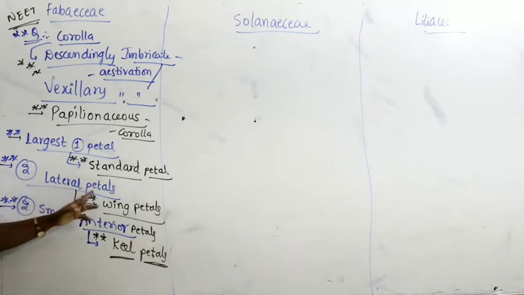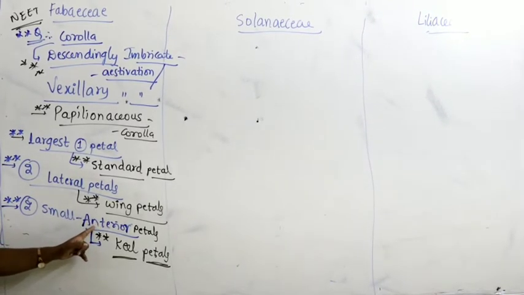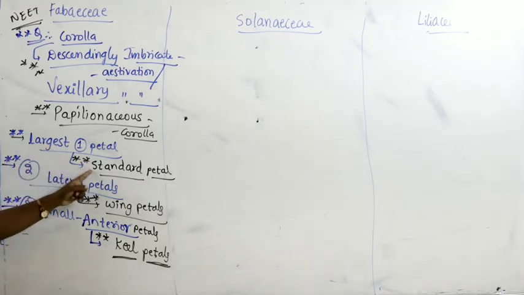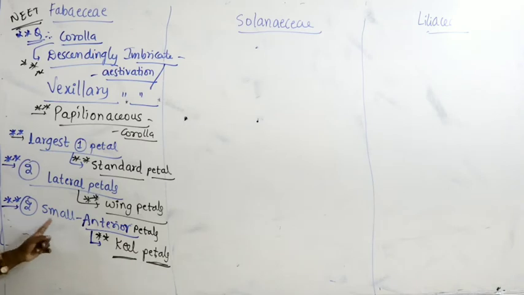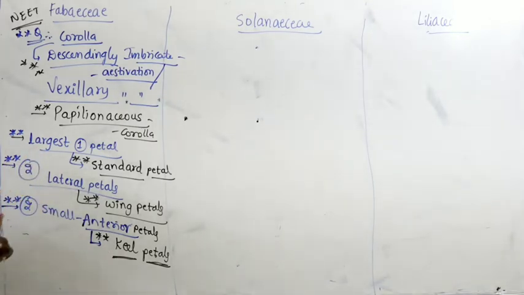The two lateral petals are called as wing petals. Two small, which side are they? Anterior side. When you write here this is anterior, automatically the largest one is posterior inside. So the largest standard petal is posterior inside. Two small anterior petals are anterior inside, and they are called as keel petals. So one standard petal, two lateral petals and two keel petals.